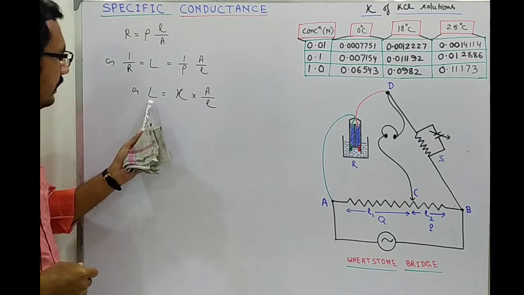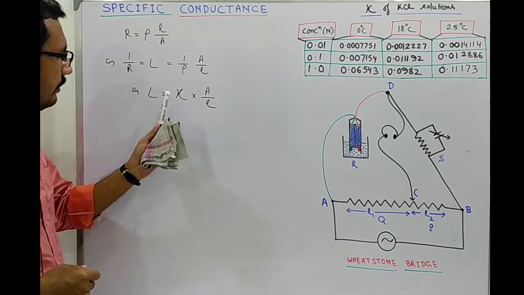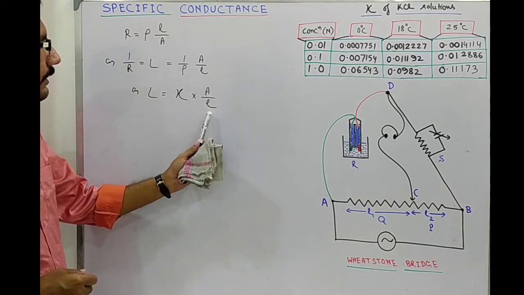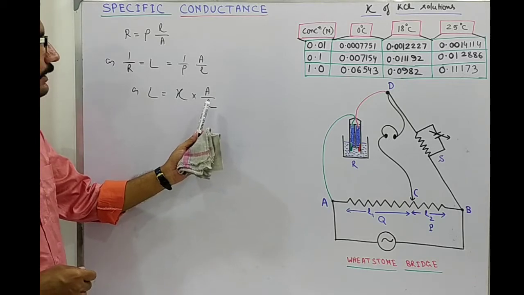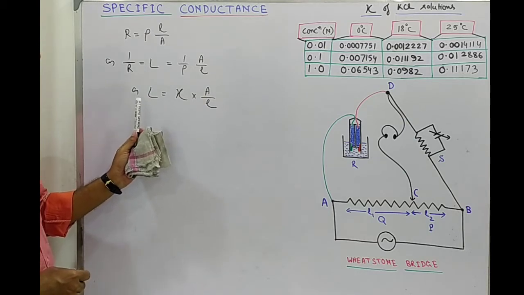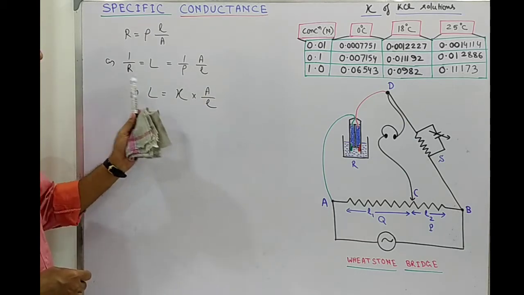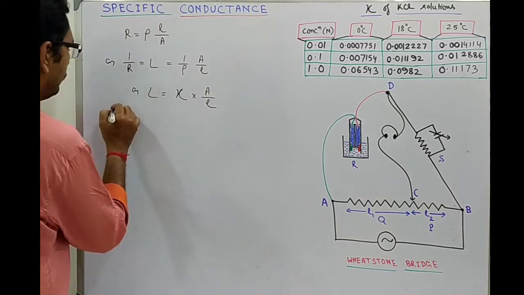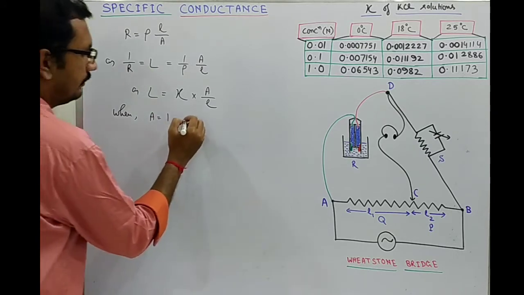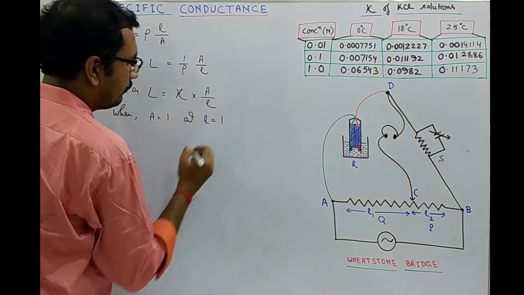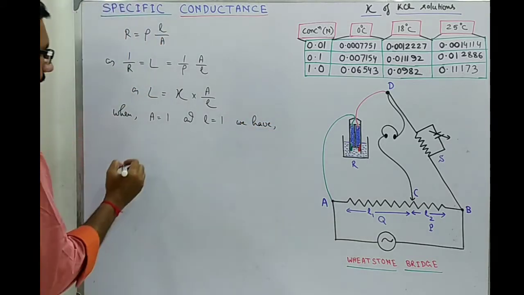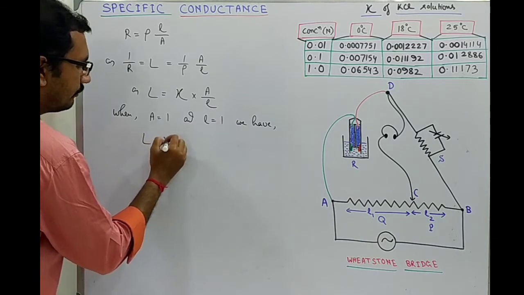So we have conductance equal to specific conductance into cross sectional area by distance, and we have defined specific conductance as follows: when A equals 1 and L equals 1, the conductance equals kappa.